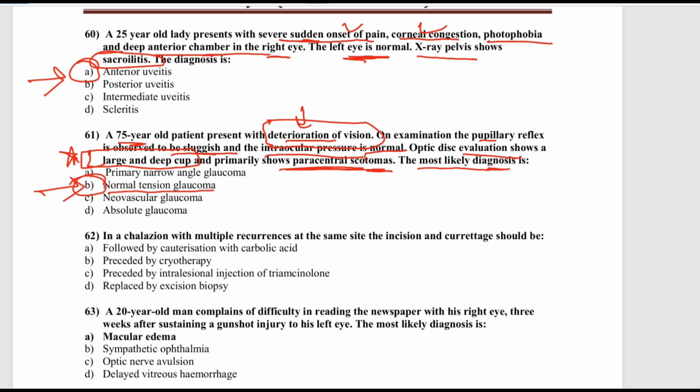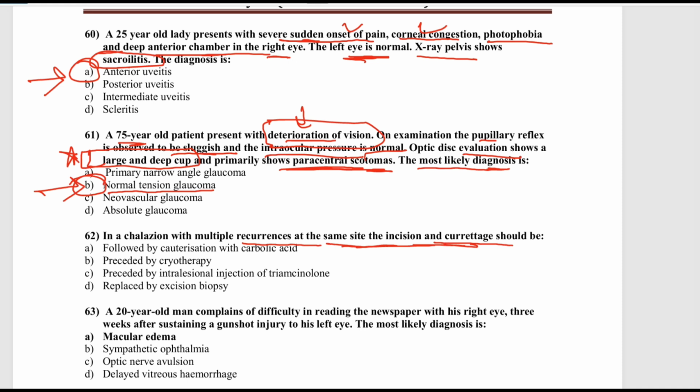The next question is: incision and curettage with multiple recurrences at the same site. We have done the incision and curettage, but there is again a recurrence. So what should be done?